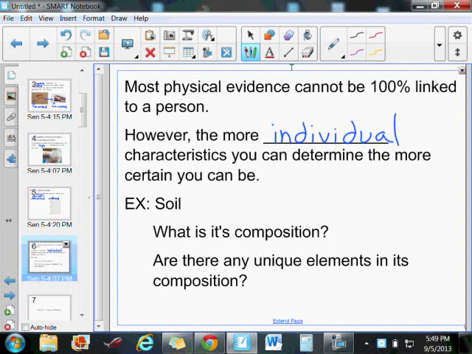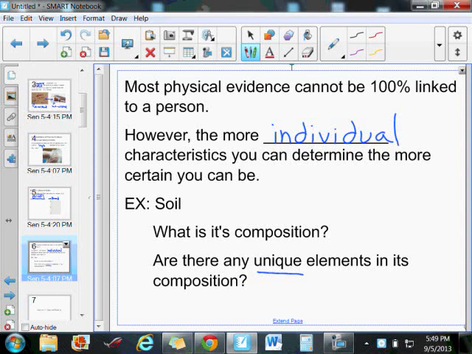Okay, so for example, if you had a soil sample, at first you would collect the soil sample, right? You could tell its composition, you can do some tests for that, so you may be able to figure out, okay, where did this soil sample come from in the United States? Right? But then as you probe further, you do more tests, you might find something unique in that particular soil sample.